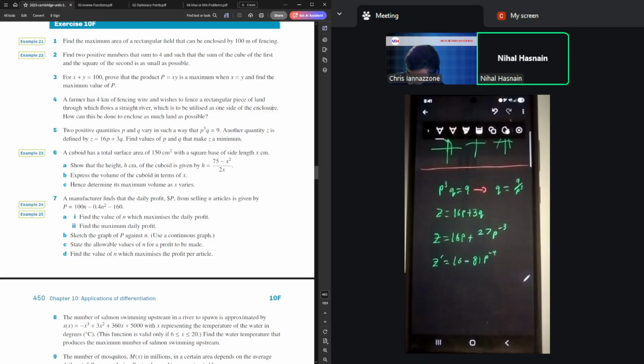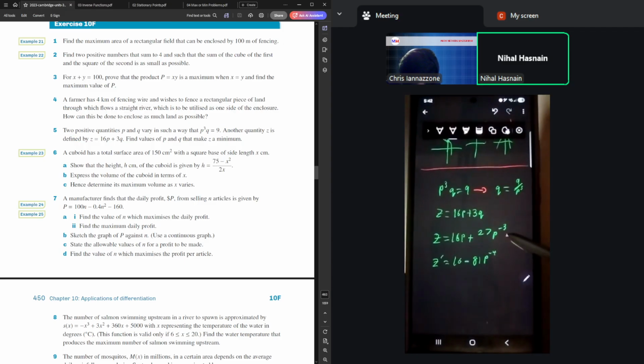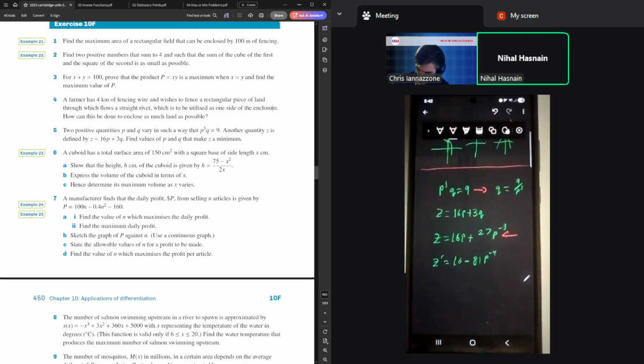Okay, we can look at the original equation and try to find the behavior. 16p plus 27p to the negative 3.